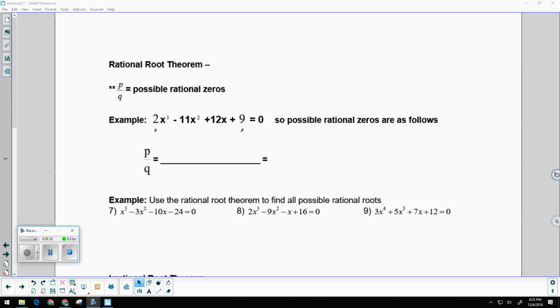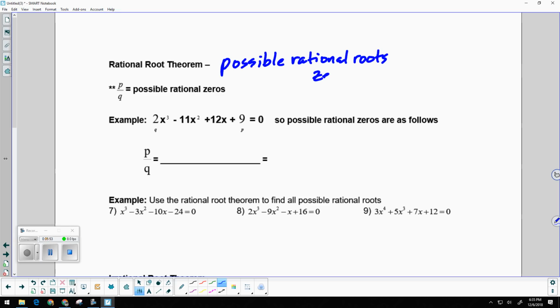So the rational root theorem says this: the possible rational roots. So we're not talking here about imaginary roots. These are just the possible rational roots, or the zeros, or the x-intercepts, not your imaginary.